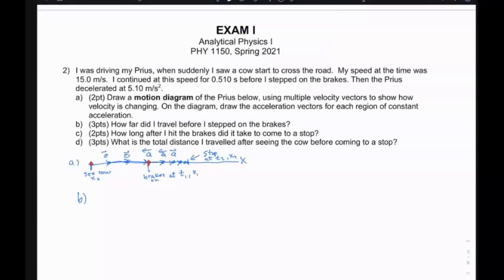In part B, we want to know how far I traveled before I stepped on the brakes. That is, what is the distance between position x0 and x1? Well, I know what the time is at x1, t1, that's given. t1 is 0.510 seconds.